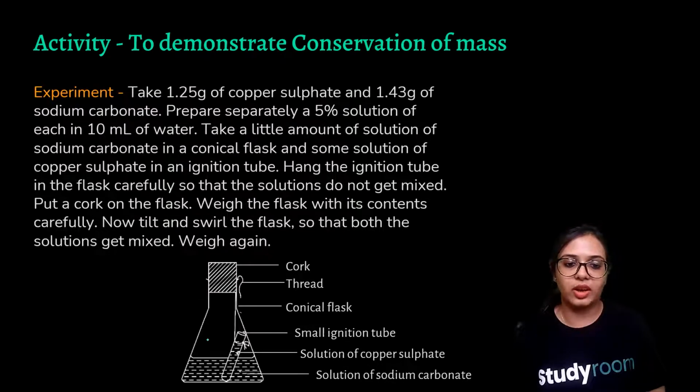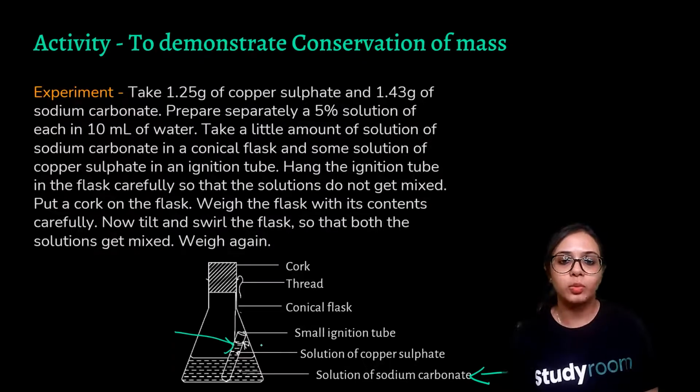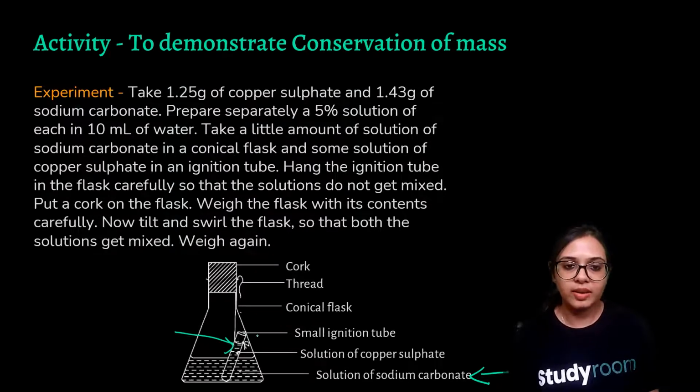So this is the conical flask we have taken, and this here is the solution of sodium carbonate that we have added into the flask. Now this is a small ignition tube, this small test tube. We have hung it in the flask carefully, and we have added some solution of copper sulfate into this tube.